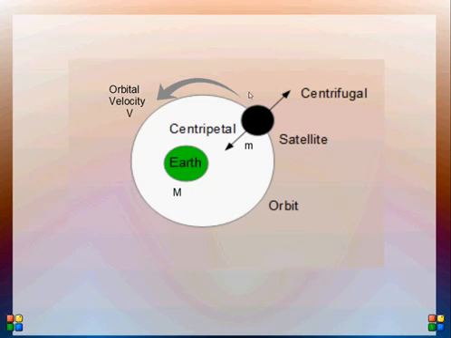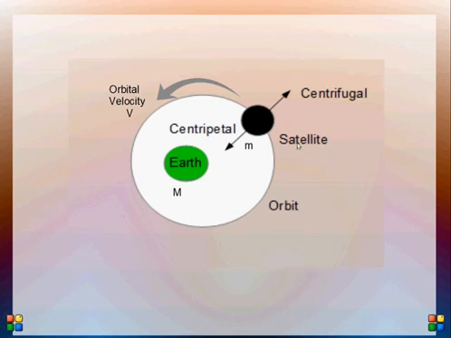So the velocity should be such that it creates a centrifugal force which balances the centripetal force so that the satellite stays in space without moving towards the earth and falling on our head.